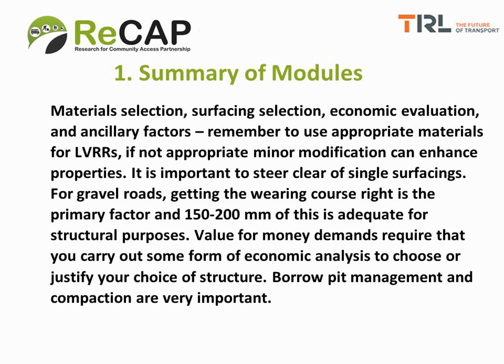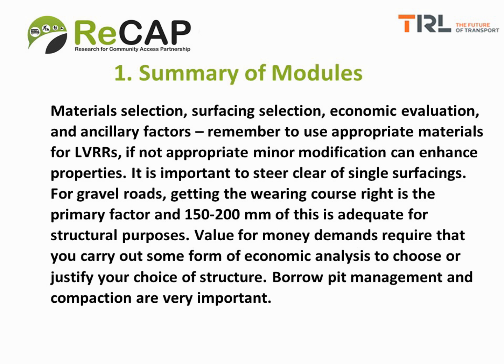Now, for gravel roads, it is important to get the wearing course right, and that is the primary factor for the design of gravel roads. Now, thicknesses of 150 to 200 millimeters are often adequate for structural purposes. Value for money requires that you carry out some form of economic analysis to either choose or to justify the choice of your pavement structure.